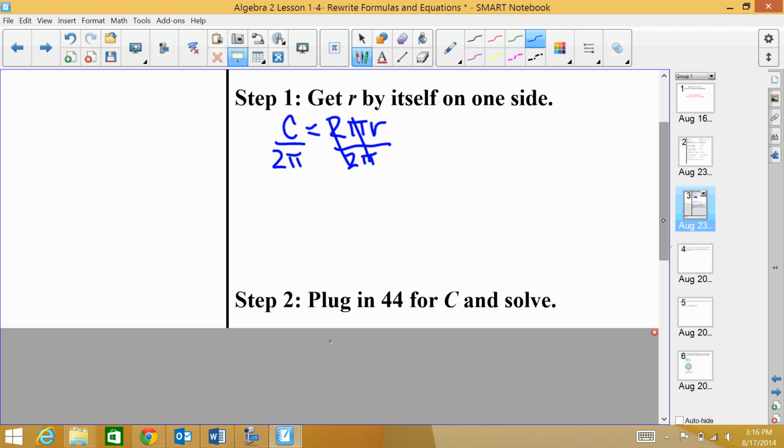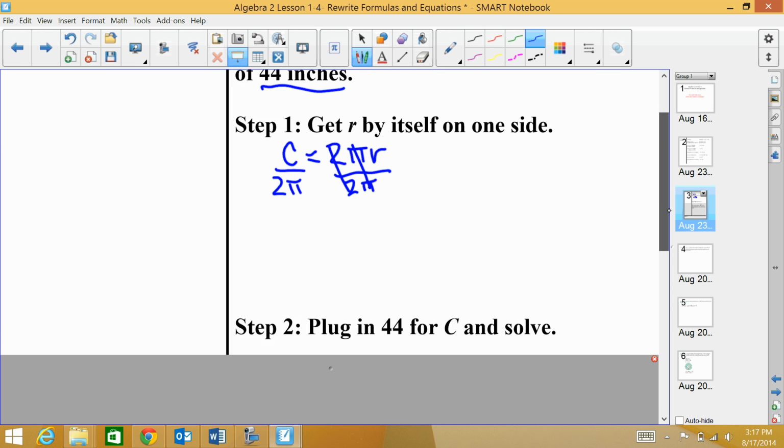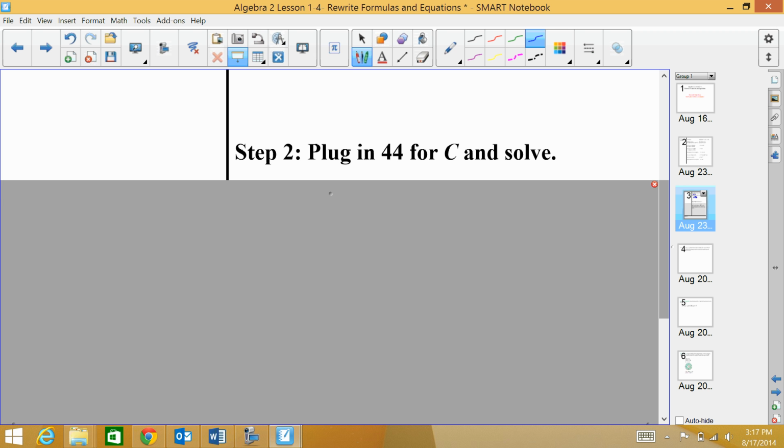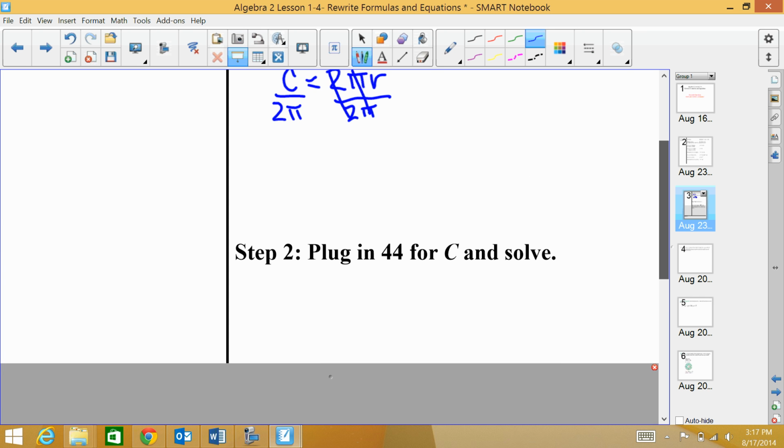Now, the question originally said, find the radius of a circle with a circumference of 44 inches. So we know that the circumference is 44 inches. Well, C is what stands for the circumference. So we're going to plug 44 in for C, and then solve it using the formula we came up with. So R equals C divided by 2 pi.